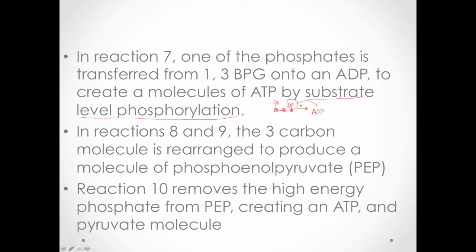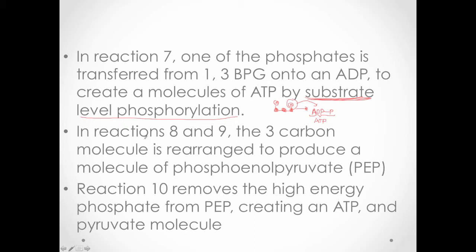So we're going to take this ADP, we're going to pull one of these phosphates out and stick it on that ADP. So now it becomes ATP, all right? ADP is adenosine diphosphate. ATP is adenosine triphosphate. So I'm just plucking that phosphate off and sticking it on this guy. And it's called substrate level phosphorylation because it happens in an enzyme. It is a substrate, okay? And that's going to be a contrast to oxidative phosphorylation, which you haven't learned about yet.